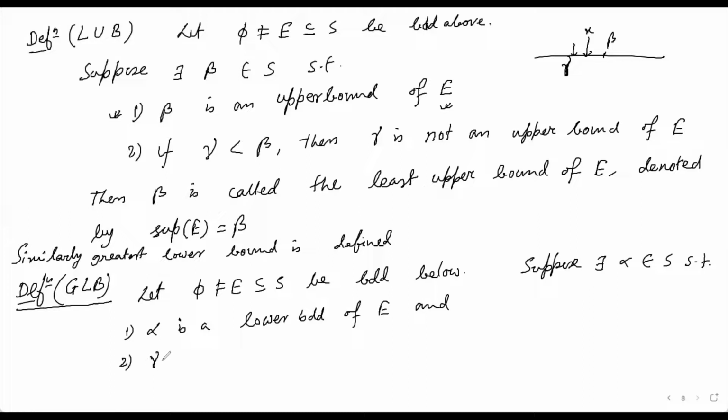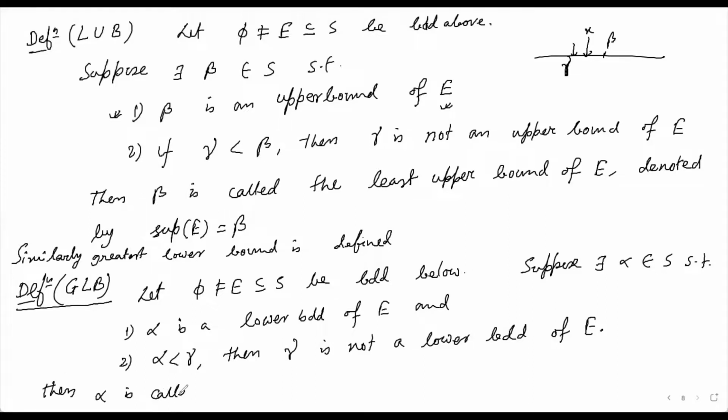In other words, if alpha less than gamma, that is if gamma is greater than alpha, then gamma is not a lower bound of E. Then similarly alpha is called the greatest lower bound or largest lower bound of E.